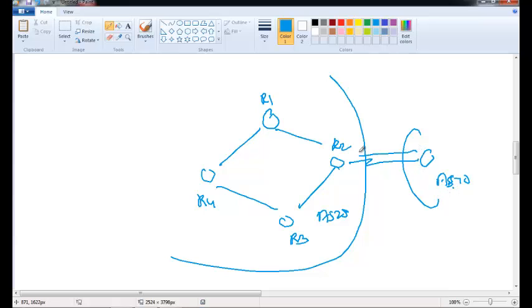When an update comes from here, R2 will give to R1 and R2 will also give to R3. R1 and R4 are IBGP neighbors. R1 and R2 are also IBGP neighbors.